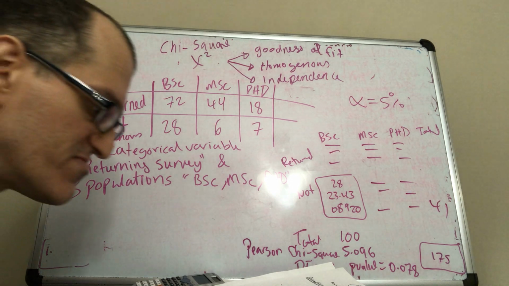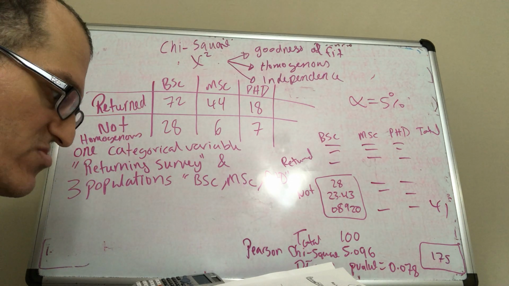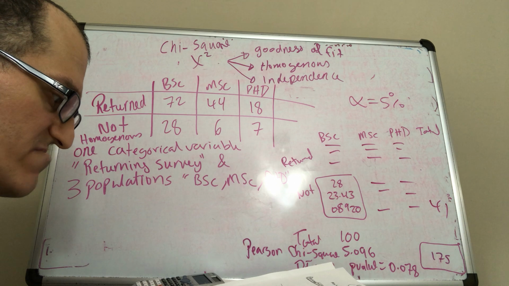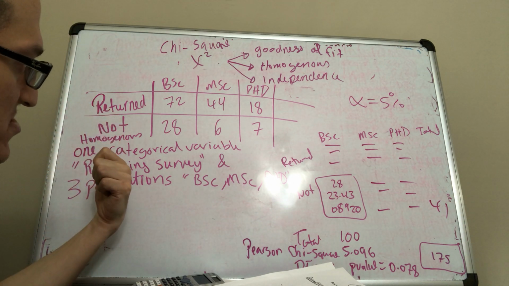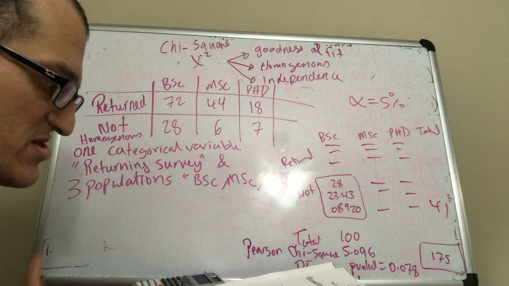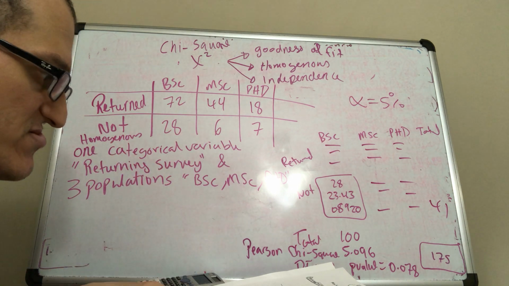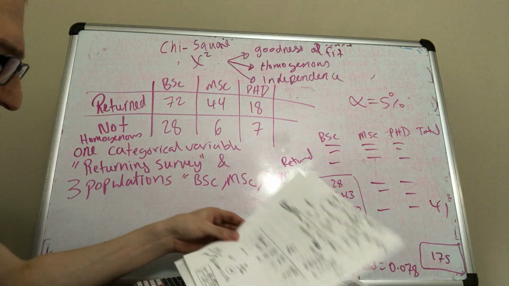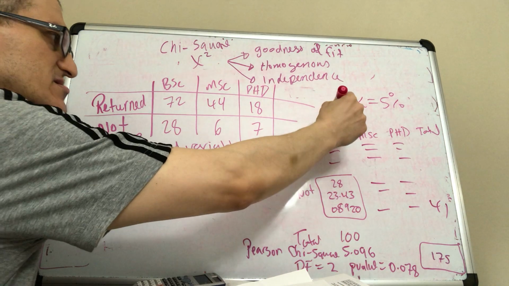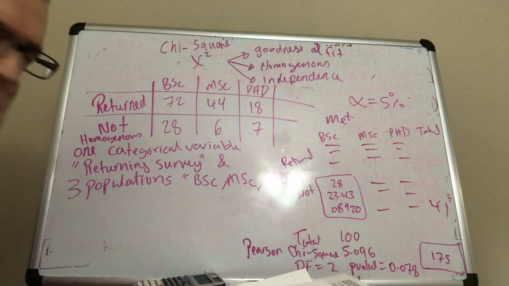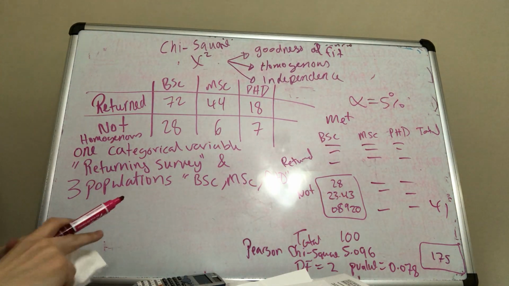I'll talk about this more, and I'll give you an example when I do the midterm review, but for now, homogeneous is 1 categorical variable, multiple populations, because they mention samples. And they also tell you that the conditions are met, so you don't worry about it.